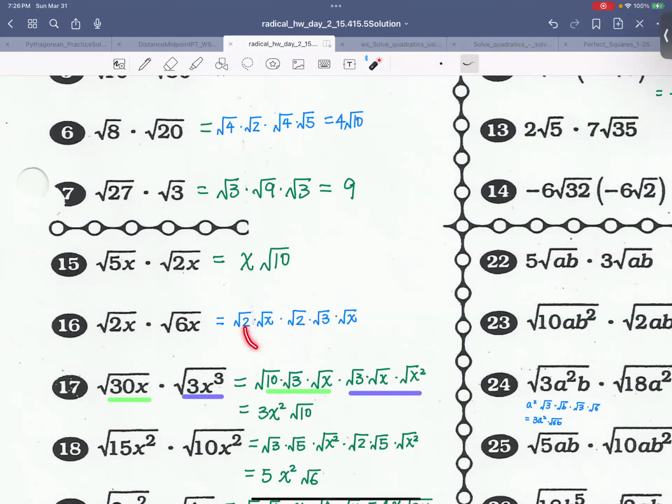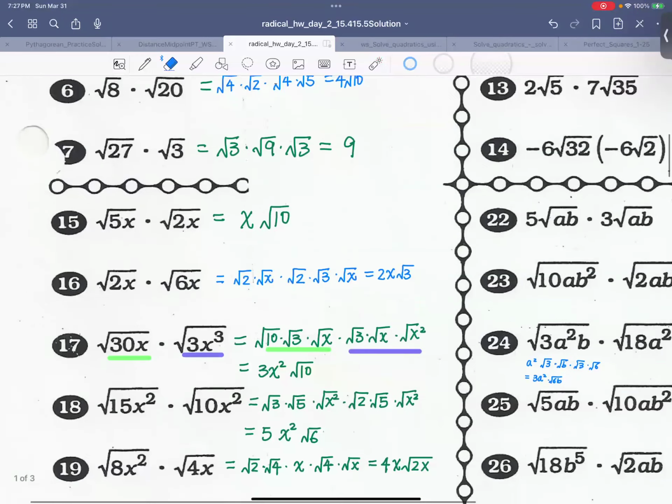You can take out 2. And this, you get how much? X. So you will have 2x times square root of 3. This is pairing with this one. This is pairing with this one. So you have 2x out, and you have a square root 3. Okay? Next one.